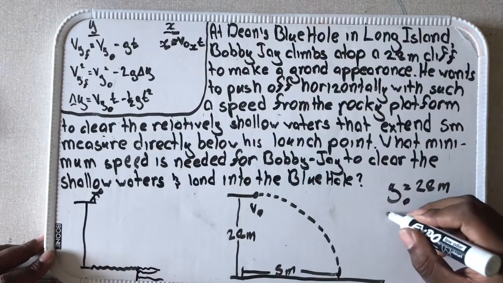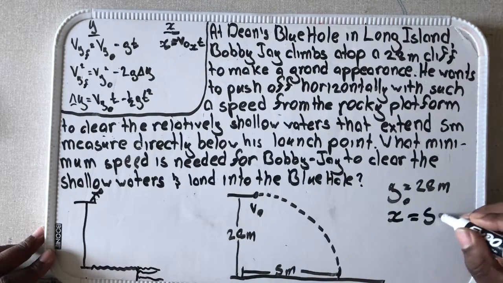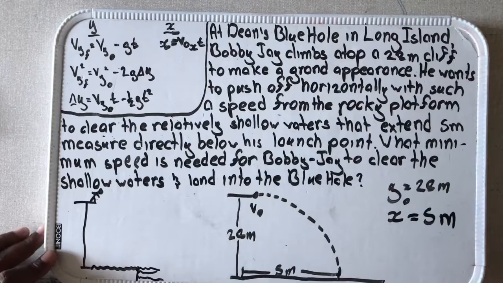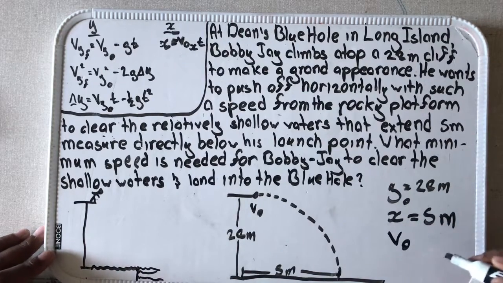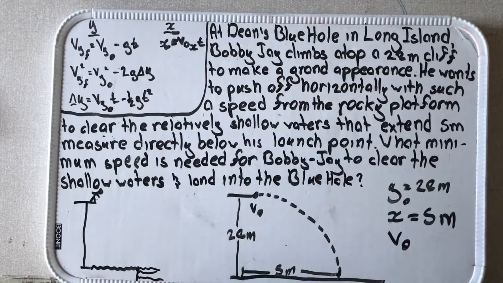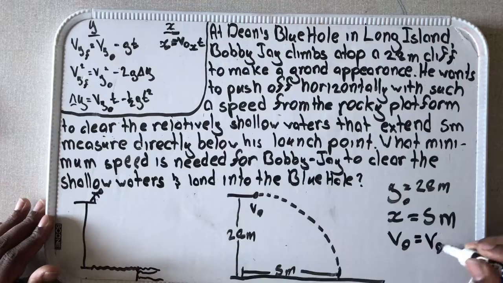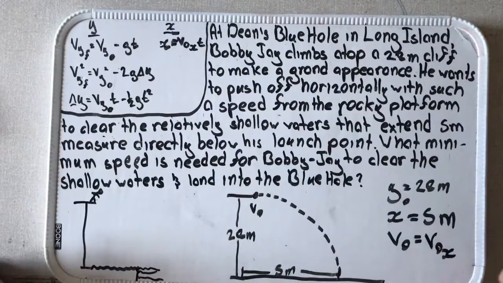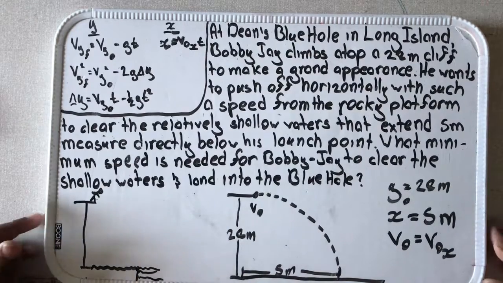In this case, I know the maximum horizontal distance, which is 5 meters, and what I want to find is v naught. And v naught will be equal to the velocity in the x, because my angle is horizontal. If I were to take v naught x, which is v naught cosine theta, I would get v naught cosine of 0, which is 1. So v naught is equal to v naught x.